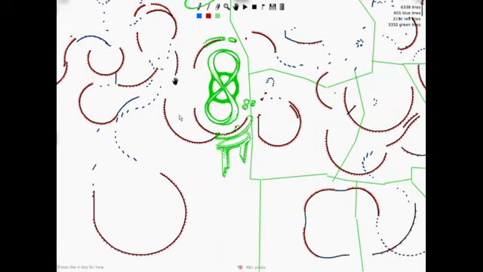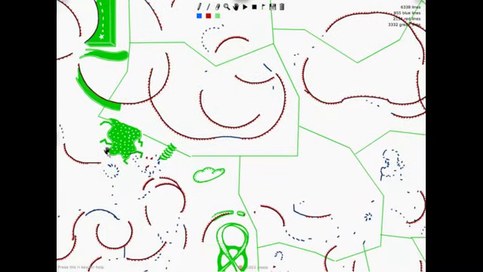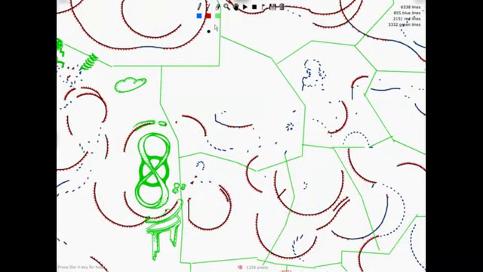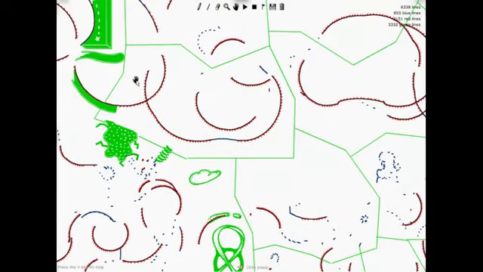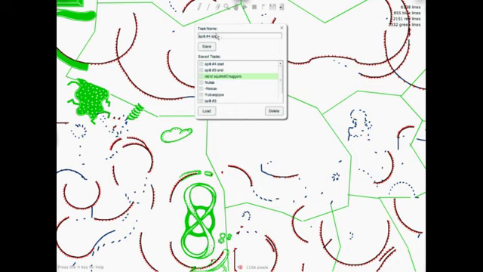So here I just have a little border. And then I tell people they can't erase any of the lines that are currently there, because that'll cause problems. But yeah, then this is split 4 start.